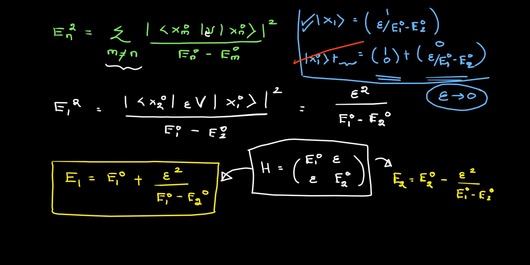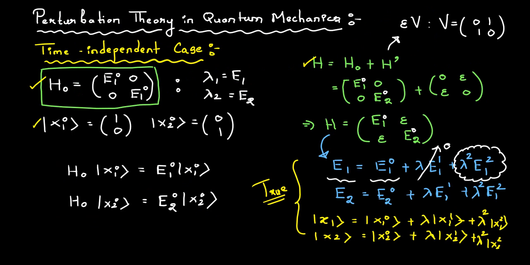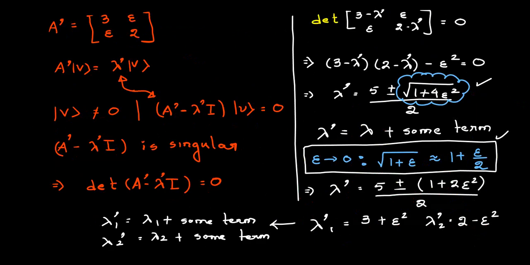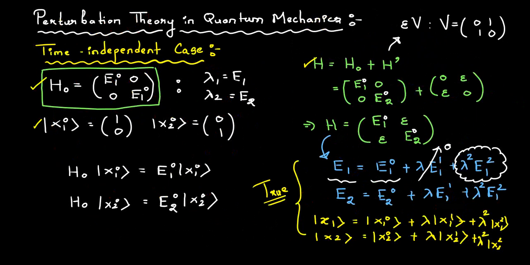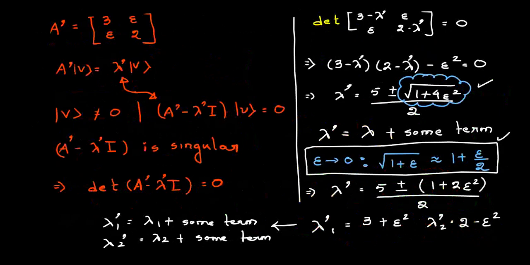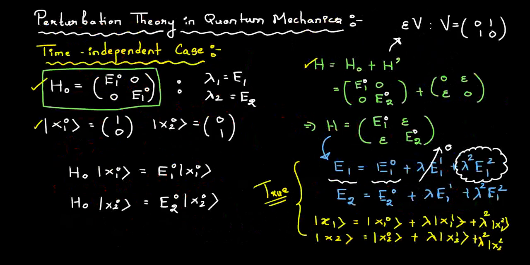So what we learned is that we can do perturbation theory in quantum mechanics, at least in the two level case that we showed here, either in the matrix style that we talked about earlier. If you do this, you get the same result. Or instead of doing the eigenvalue and eigenstate calculation directly, you can assume that there is a perturbation and the term should look like this.